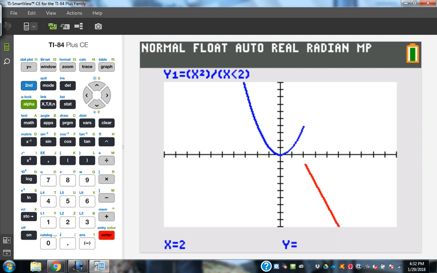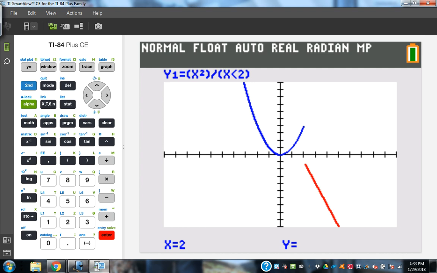So if I hit 2 on the blue one, notice that the ordered pair at the bottom leaves the y blank because it's open. So we know that that y value is not used. So it's open there. It doesn't draw an open circle there for you. You just have to know, oh, at 2, something's happening. And you check that place, and there's y not being used.